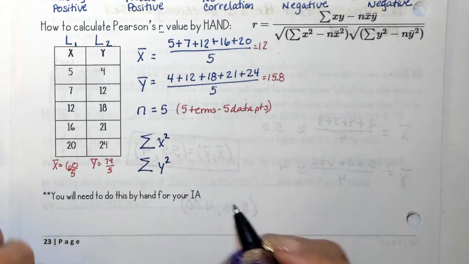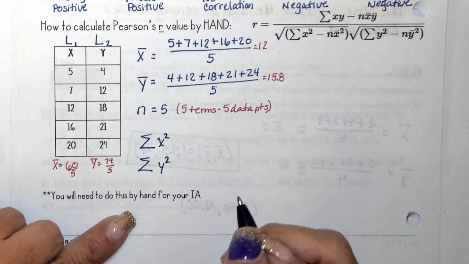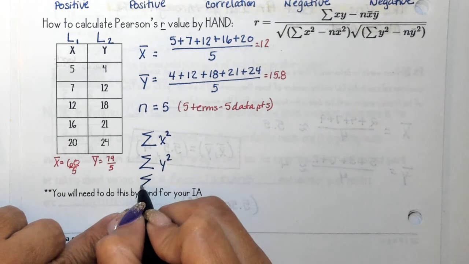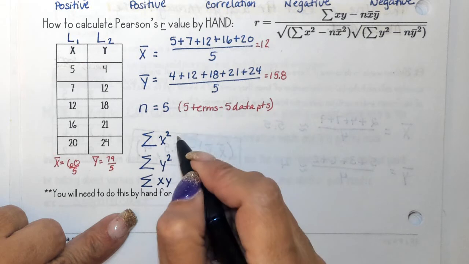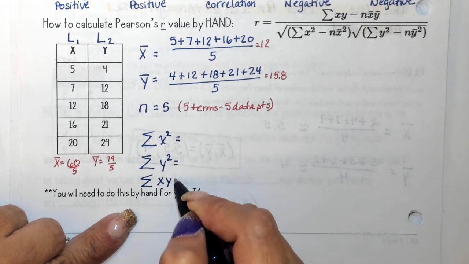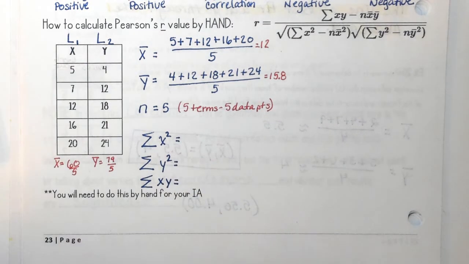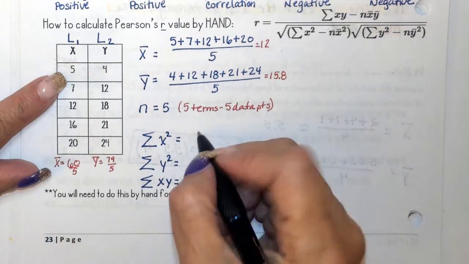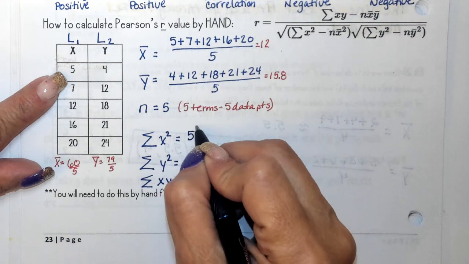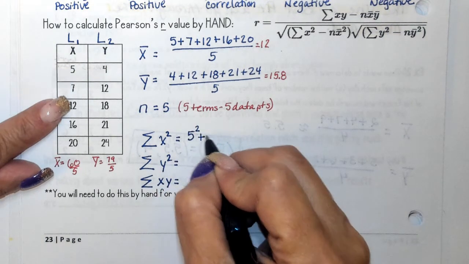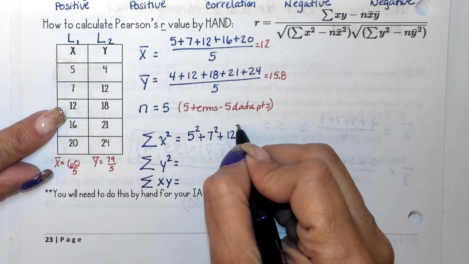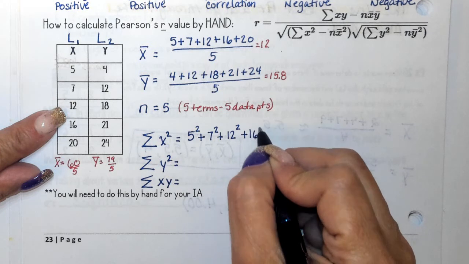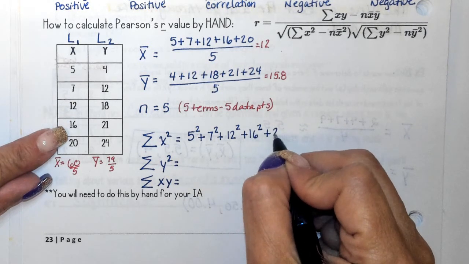And you need to do this by hand on your IA, the sum of all the x times y's. Okay, so let's sum up all the x squareds. I want to write it out. The sum of all the x squared is going to be 5 squared plus 7 squared plus 12 squared plus 16 squared plus 20 squared.